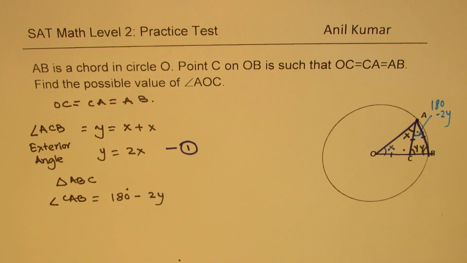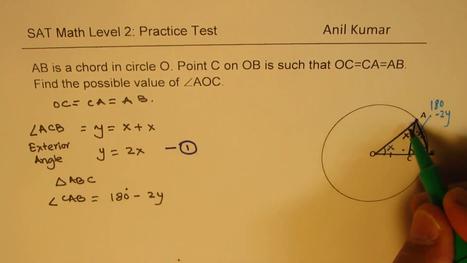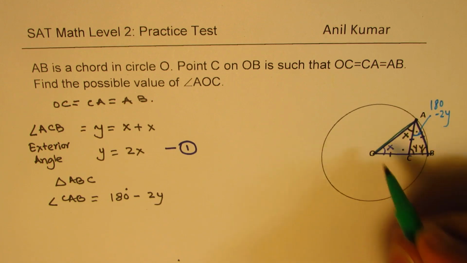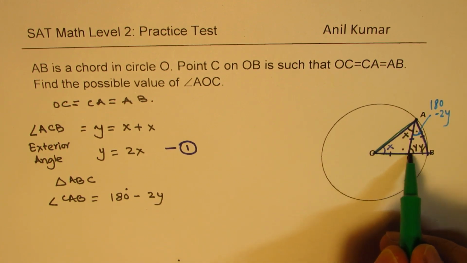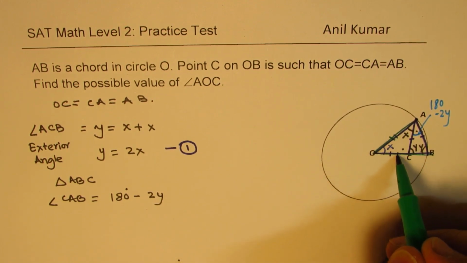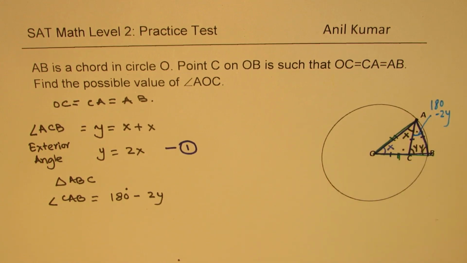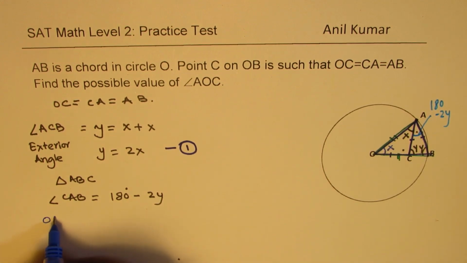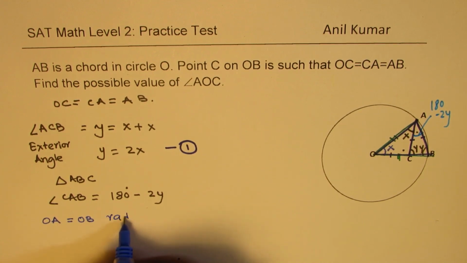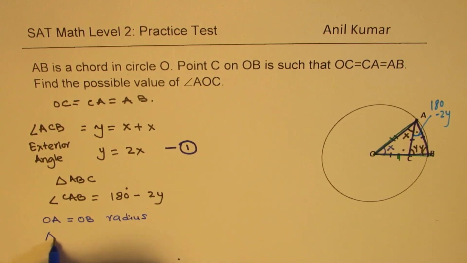Now, look at it from the other angle. We know OA is the radius and OB is also the radius. So these two sides are equal. So we know that OA is equal to OB being the radius, and therefore the triangle AOB is an isosceles triangle.